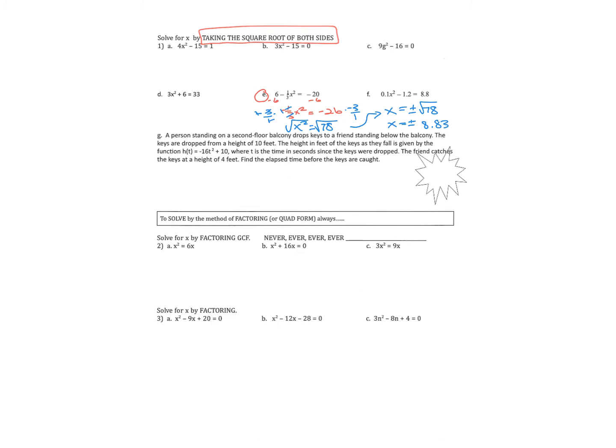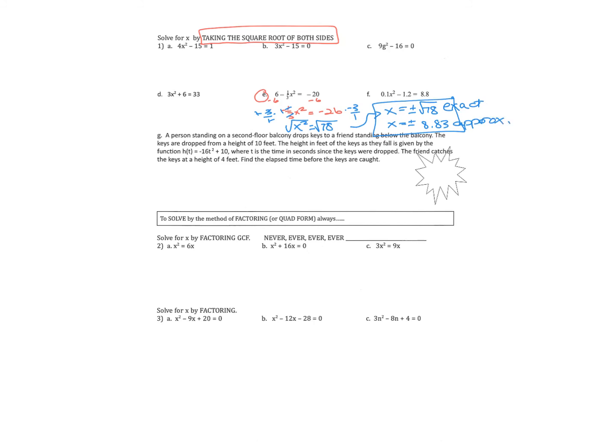So my graph crosses the x-axis a little after 8 and a little after negative 8 would be my two x-intercepts. Again, I have my exact answer and I have my approximate answer, and there's a time and place for both of those.